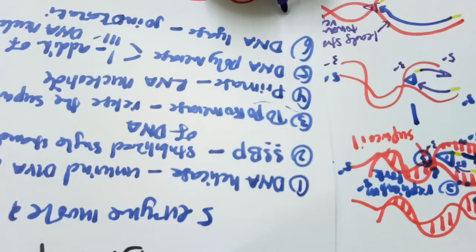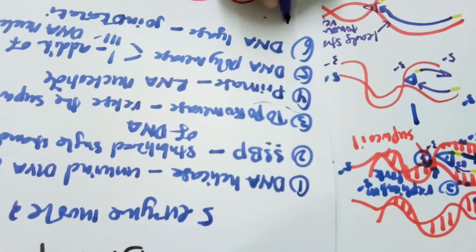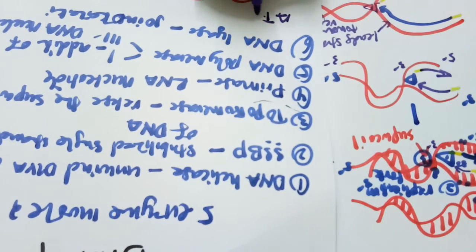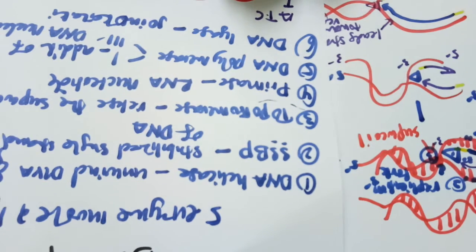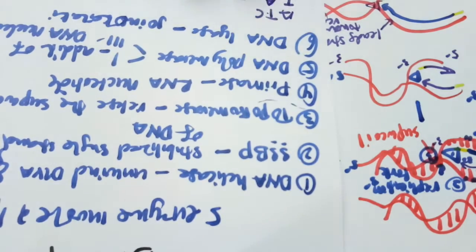For example, we have A, T, C. So A will be complementary with T, T will be complementary with A. But in case here we have C and T, so DNA polymerase will select an A. Okay, will prove that A will be complementary with T.